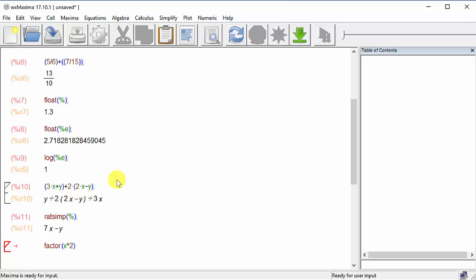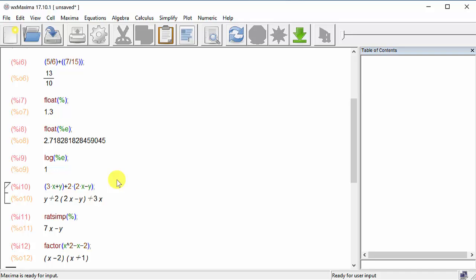Let's do x squared minus x minus 2. I know that's a simple one to do. Then let's hit our semicolon and Shift Enter, and you can see it factors it for us: x minus 2 times x plus 1.